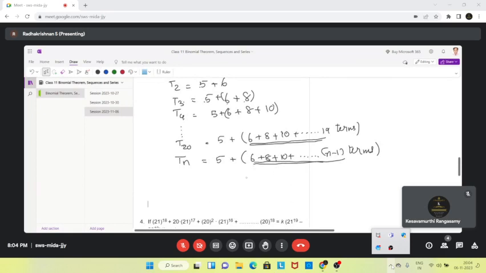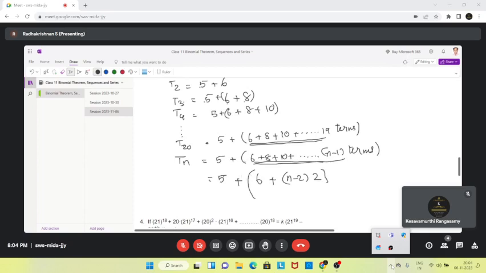What will that be? Where A here is 6, plus n minus 1. Here there are only n minus 1 terms, so it will be n minus 2 into D. That is the last term.